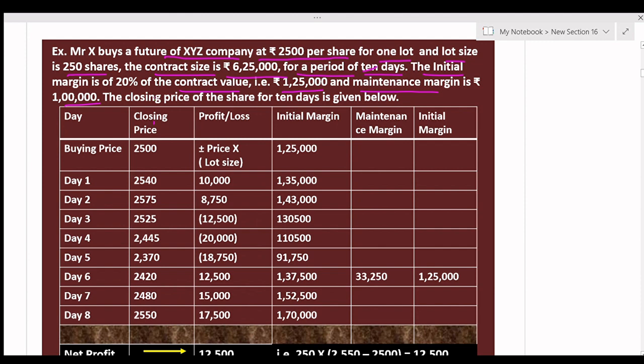The closing price of the share for 10 days is given below. Buying price 2,500, initial margin is 1,25,000. Next day the closing price is 2,540. Make a profit of rupees 40 per share. So for a lot size it will be 10,000 profit.